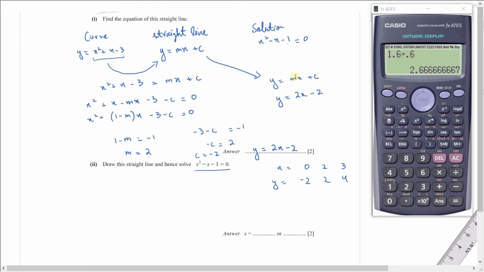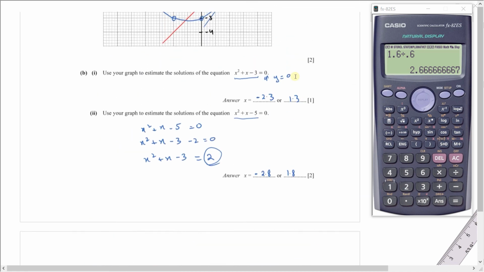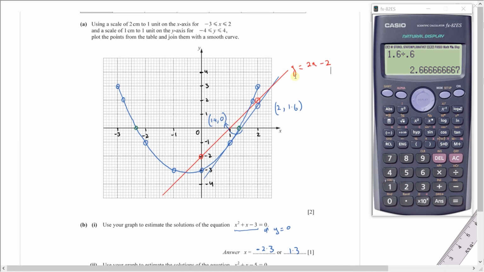And then since you have to find the solution, that means you have to find the points of intersection. So your first point of intersection is this one, and your second point of intersection is this one here. So this is almost negative.